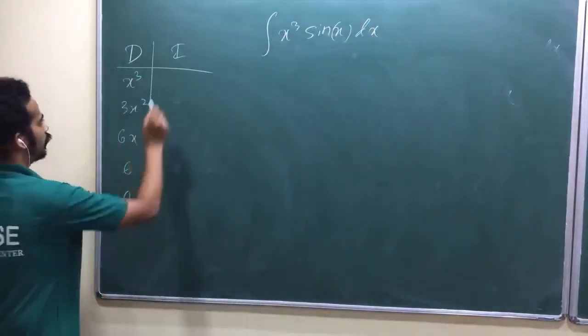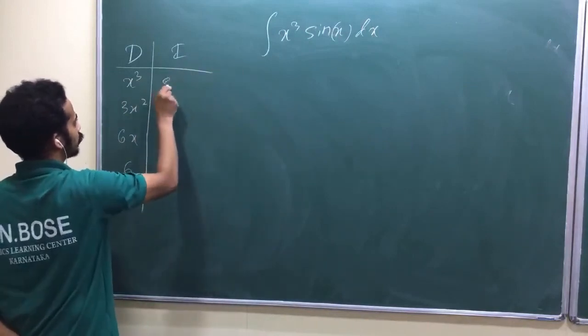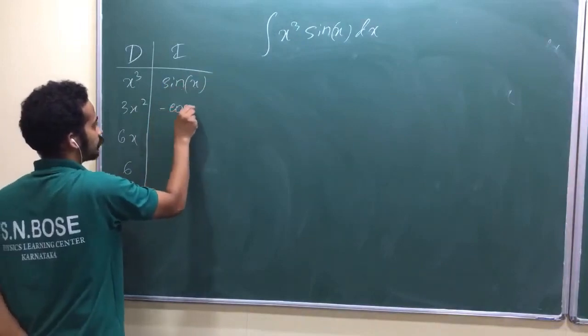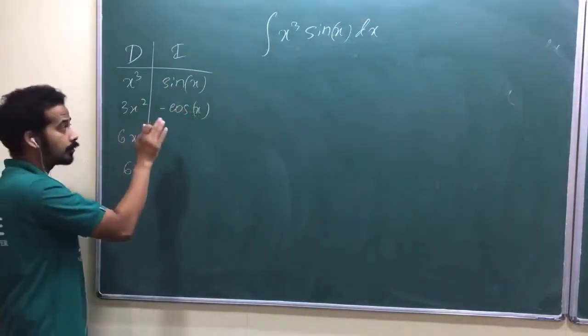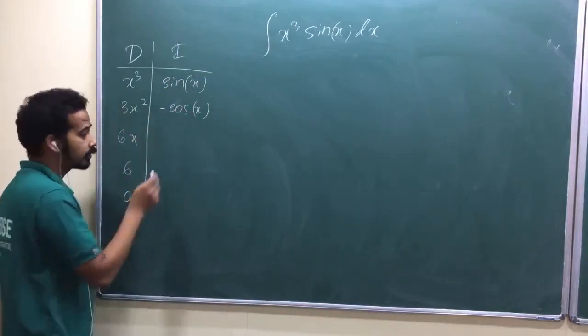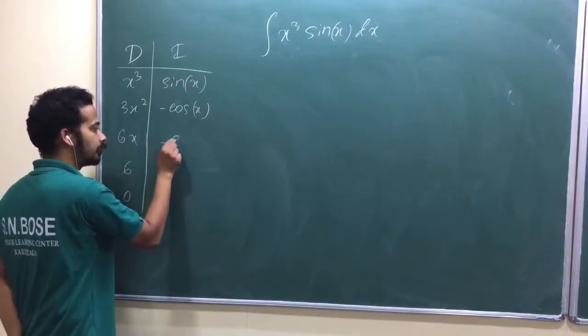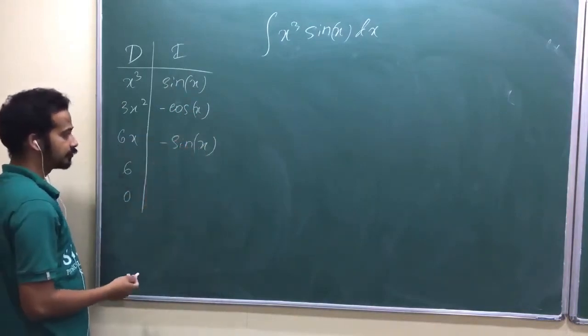Now, let me take the second function. I need to integrate that one. Am I right? Sin x. What is sin x integration? Minus cos x. What is minus cos x integration? Remember, in the next step you have to integrate minus cos x. Minus cos x integration is minus sin x. What is minus sin x integration?